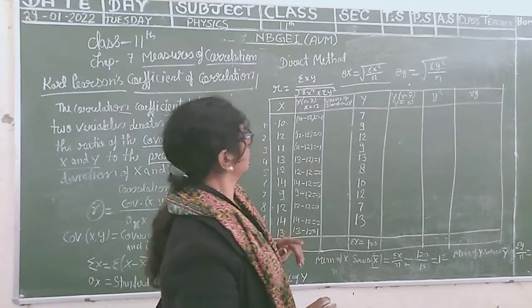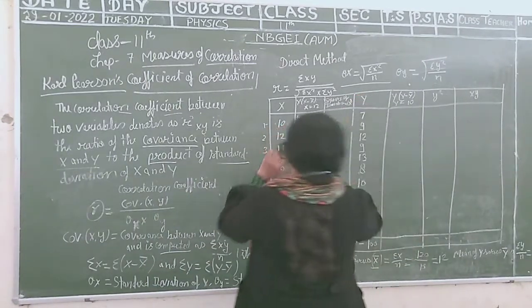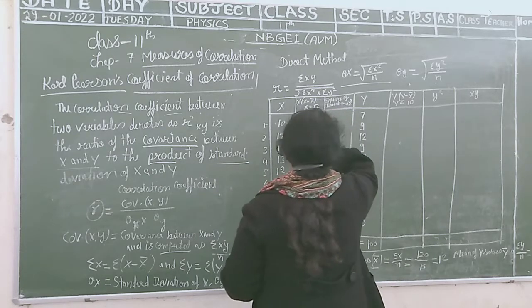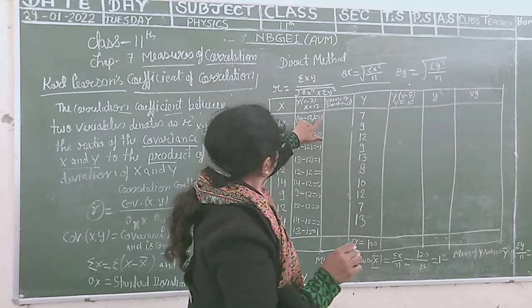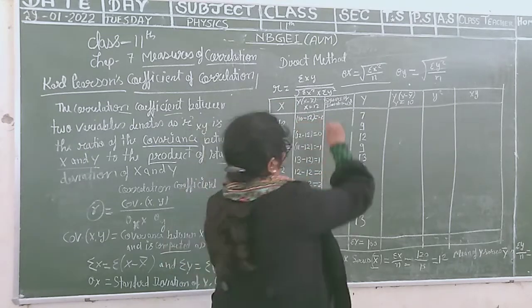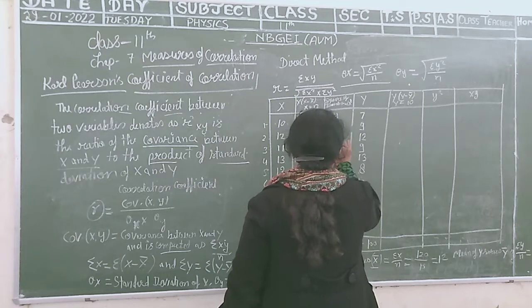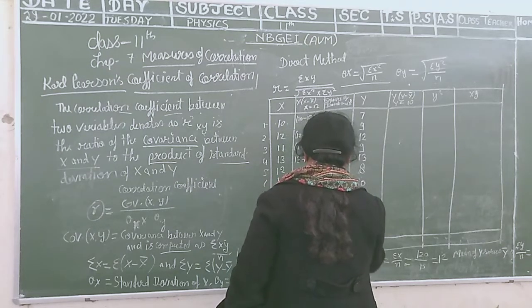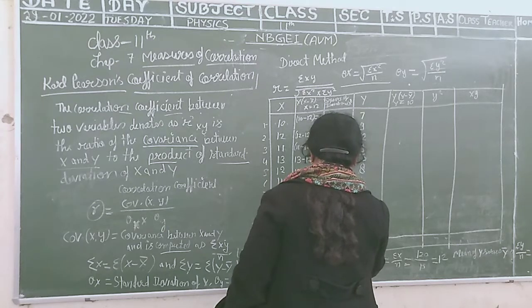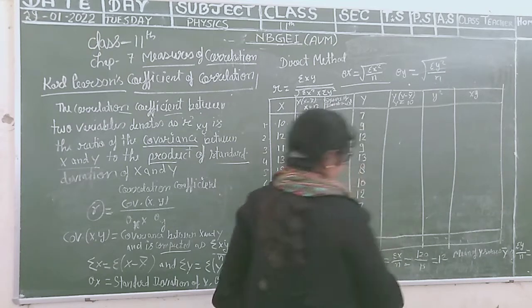And then next, x square. Here is x square. After this, minus 2 squared goes to 4, and then 0, 1, 1, 0, 4, 9, 0, 4, 1.